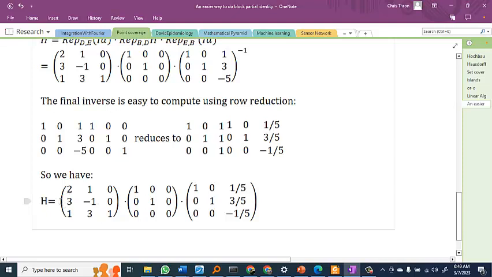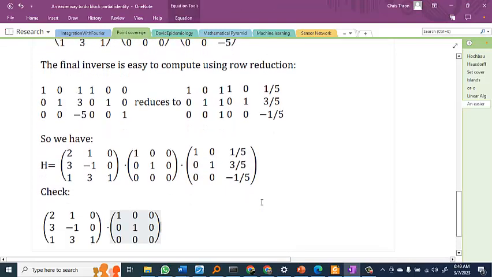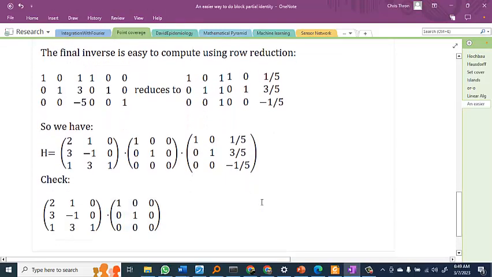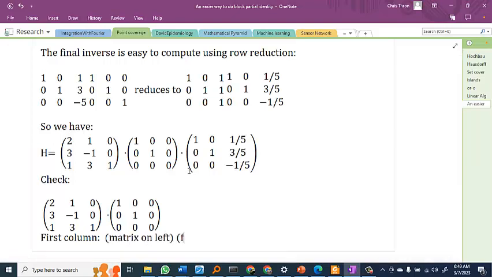Maybe I can show that instead of just waving in the air. So let's check it. If I want to take this product, the first column is just equal to the matrix on the left times the first column on the right.